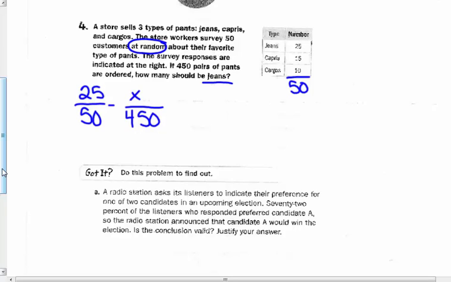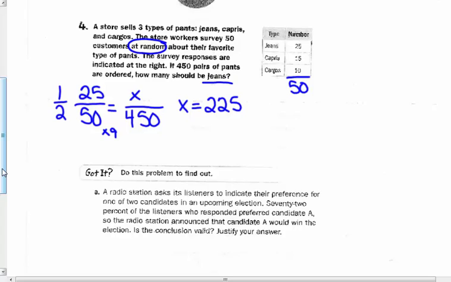I could set up a proportion, and I see that equal ratio wise, I could multiply 9 times 50 to get 450, so 25 times 9 would give me 225. Or I also see that 25 is half of 50, so take half of 450, and it would be 225.